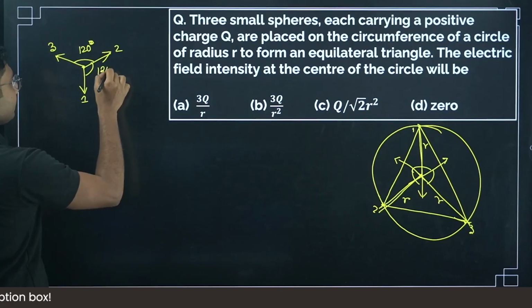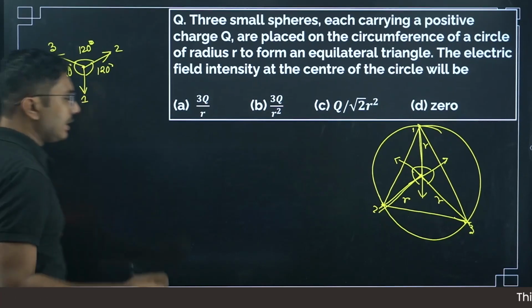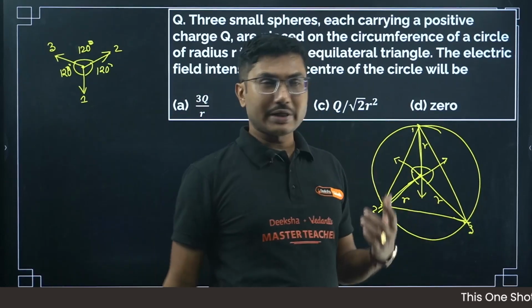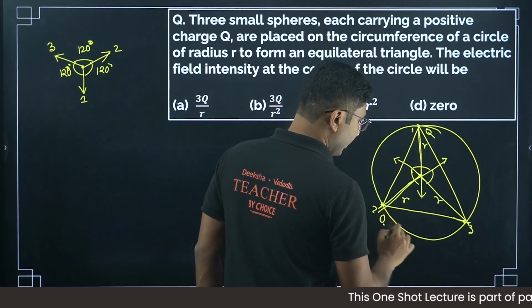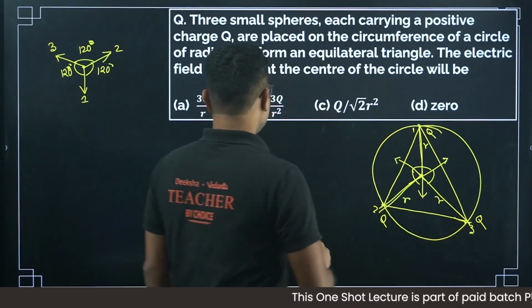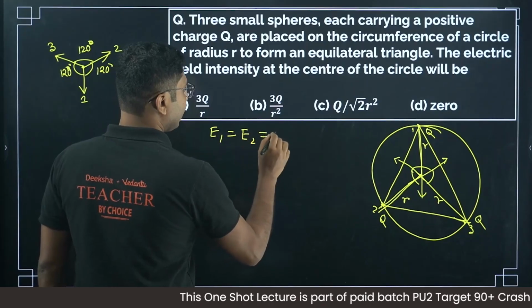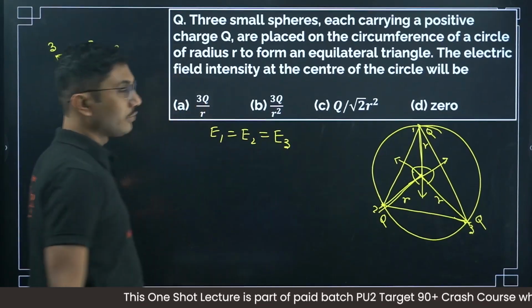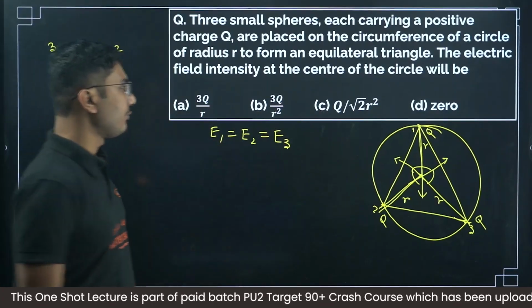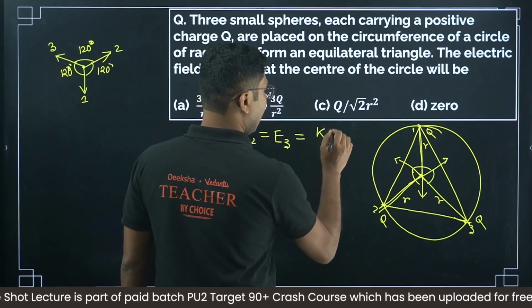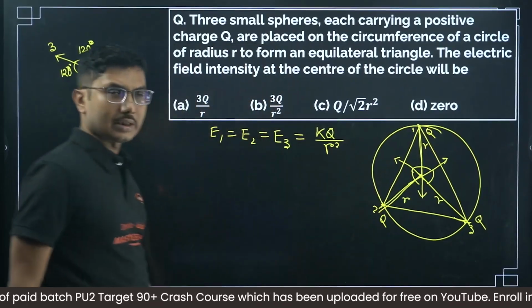Now why are the forces equal? Because all the charges are equal in magnitude, Q, Q, Q. So we can say that E1 equals E2 equals E3. So all the forces are equal in magnitude. Direction is different, but magnitude wise all are the same, and that is KQ divided by r square. r is the radius of the circle.